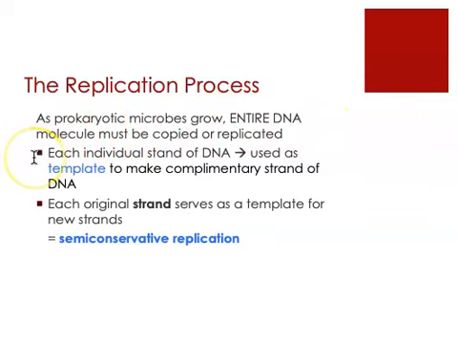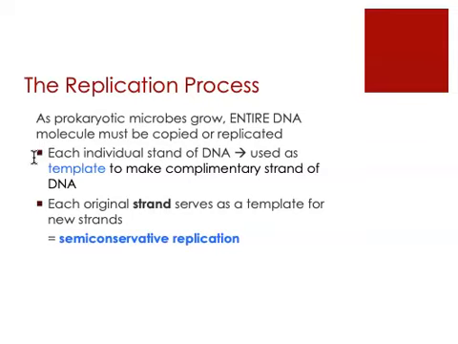Each of the two strands of DNA is going to be a template. In that case, the double-stranded DNA molecule will split into two strands, and then each of the strands will be used to make a second strand, a complementary strand, based on that complementary base pairing.